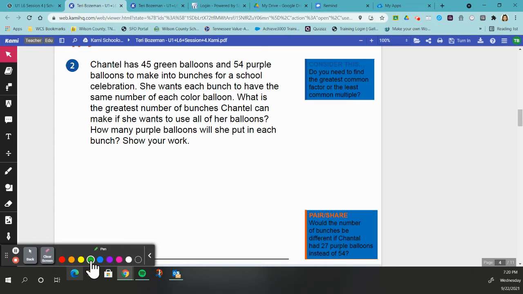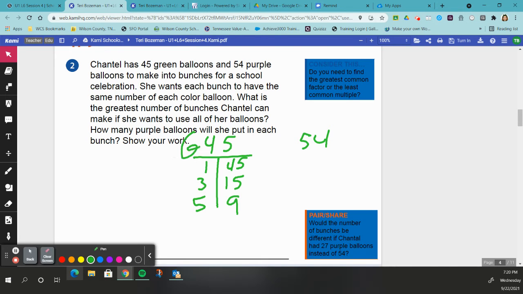So if we have our factors of 45 and 54, our factors of 45 would be 1 and 45, 3 and 15, and then we have 5 and 9, and those are our green balloons.